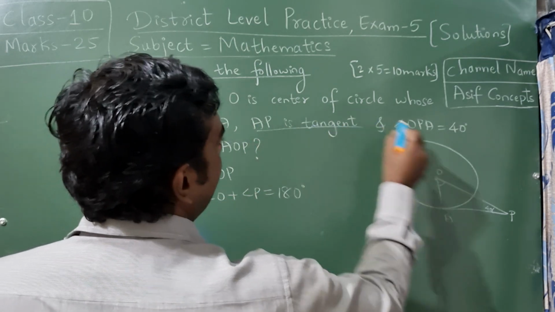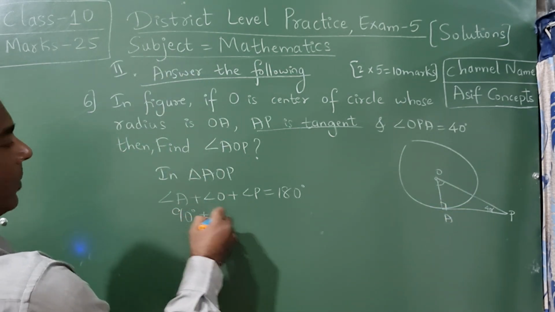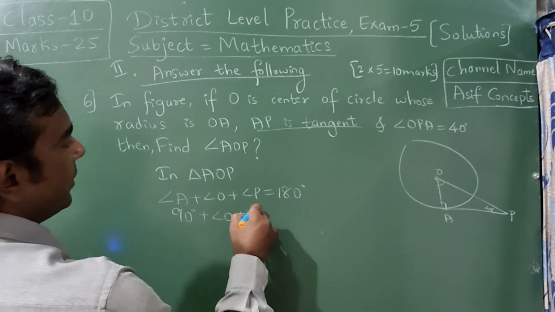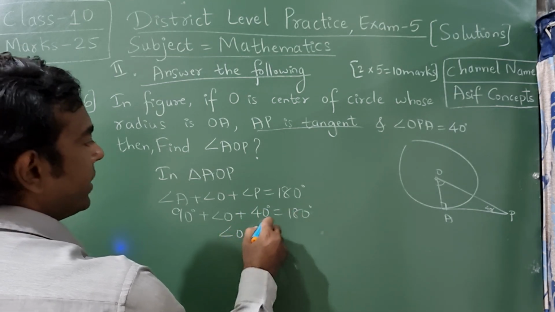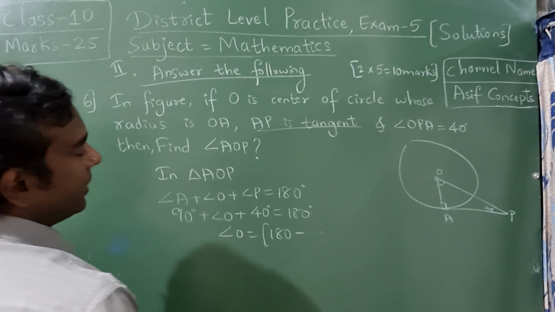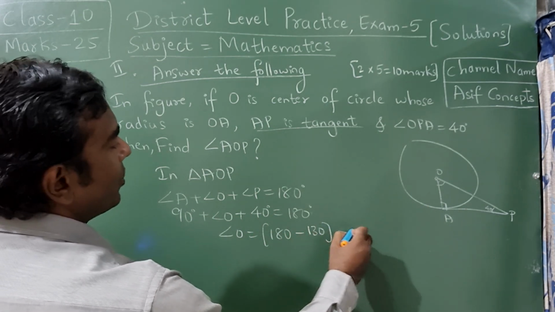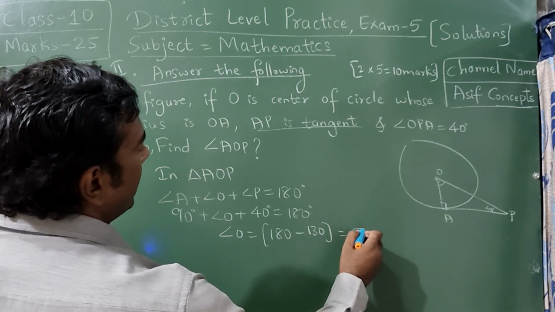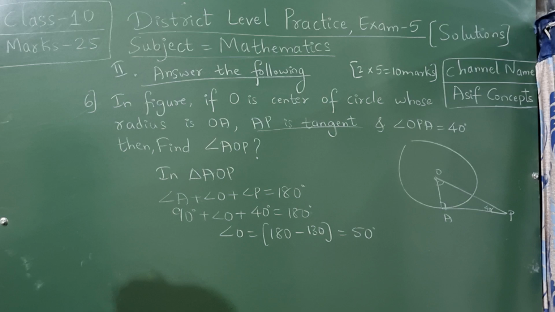Since AP is a tangent, this is 90 degree. So 90 degree plus angle O plus 40 degree is equal to 180. So angle O is equal to 180 minus, if you add this, it will be 130 and it goes to the right hand side, it will become minus. So if you subtract 180 minus 130, the answer is 50 degree.